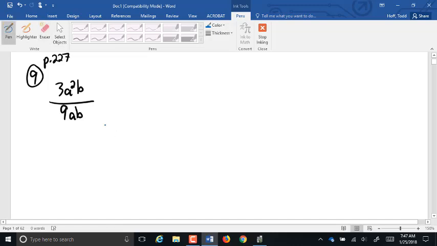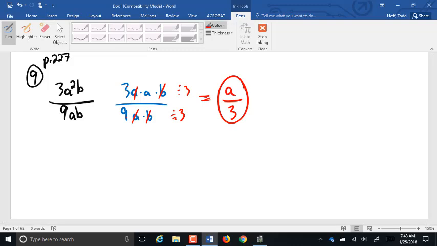These are just fractions with variables in them, ratios with variables in them. 3a squared b, I'm going to break up that a squared into a times a, over 9ab. I can cancel out an a and I can cancel out a b. Both 3 and 9 divide by 3. So 3 divided by 3 is 1. I'm left with just a on top. 1a or just a. On bottom, it's 9 divided by 3 is 3. So that's a over 3.